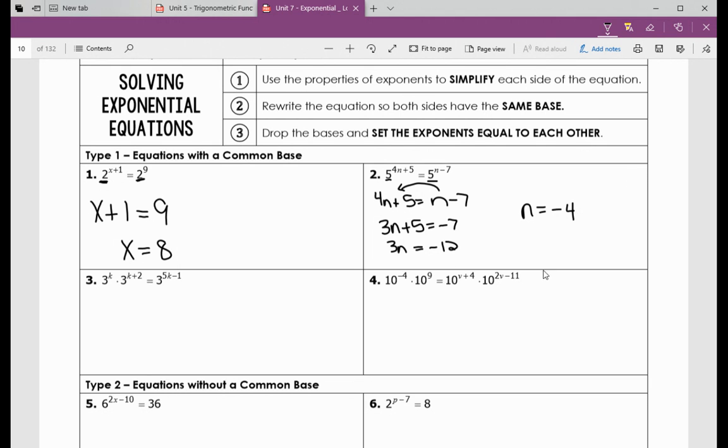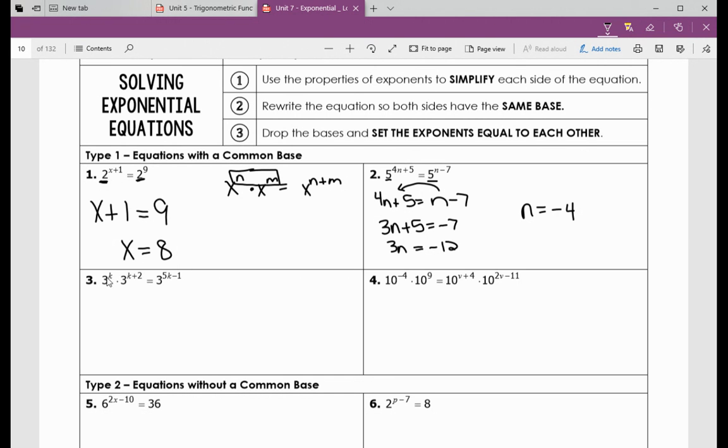All right, now I have all 3 bases of n, but what do I do with the exponents? So let's go back and talk about our properties of exponents. If you have x to the n times x to the m, that gives you x to the n plus m power. When you multiply like bases, you add the exponents.